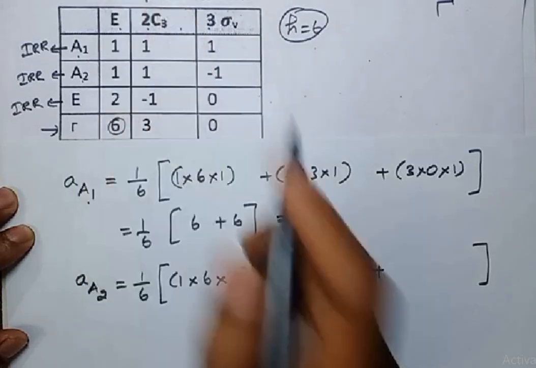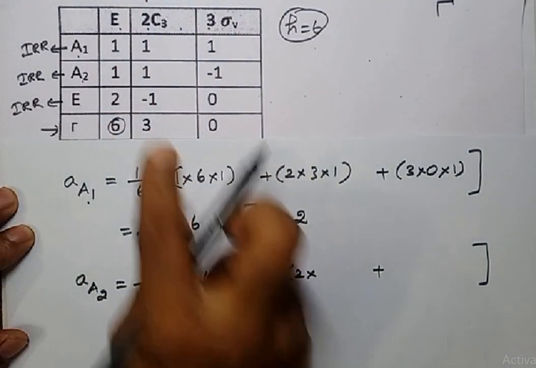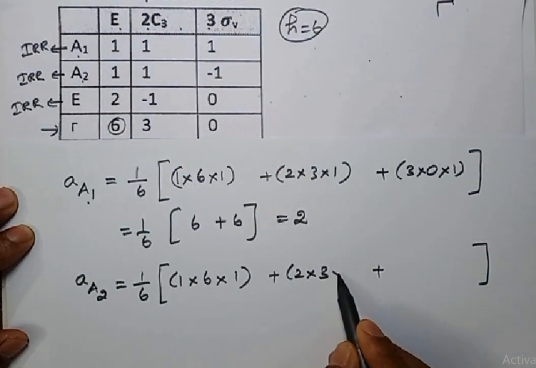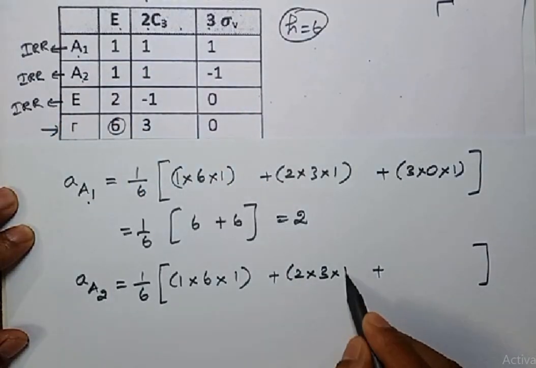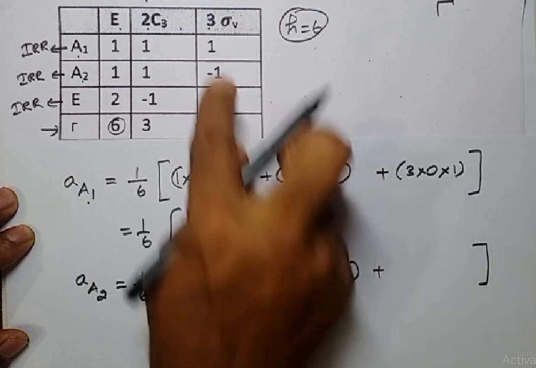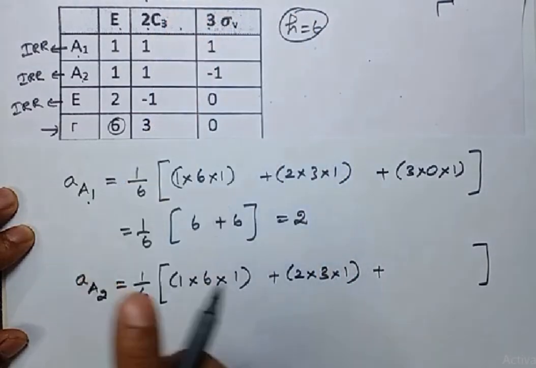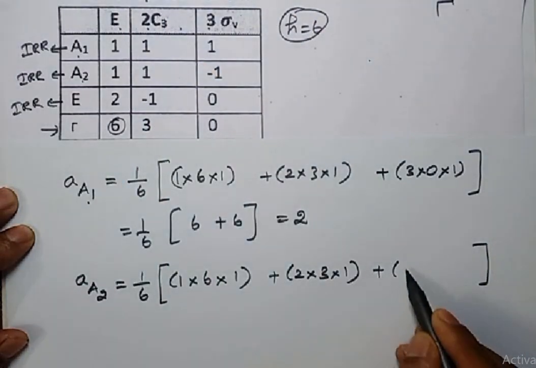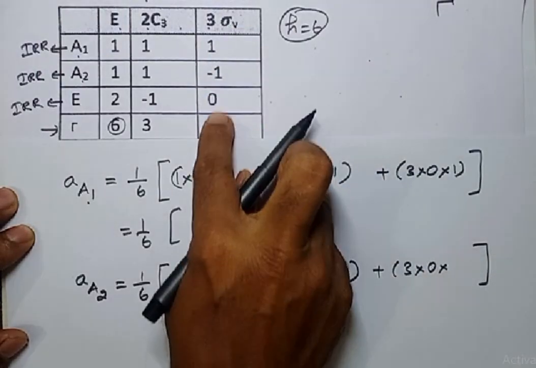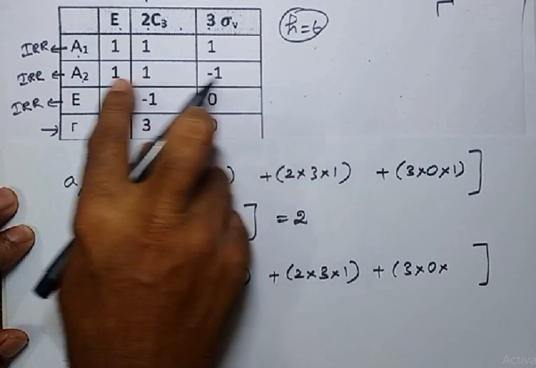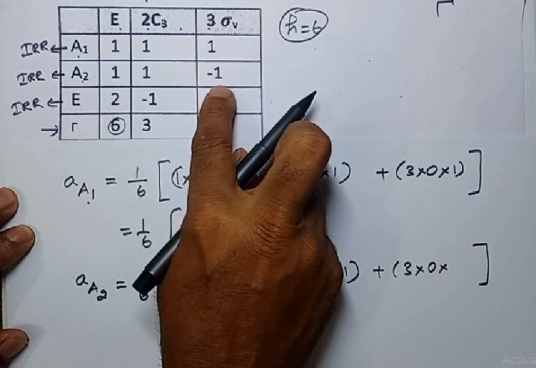In class 2 we have 2 operations, into reducible character 3, into the A2 irreducible character 1, plus, then we move on to class 3. In class 3 we have 3 operations and the reducible character is 0. The irreducible character for A2 in class 3 is minus 1.